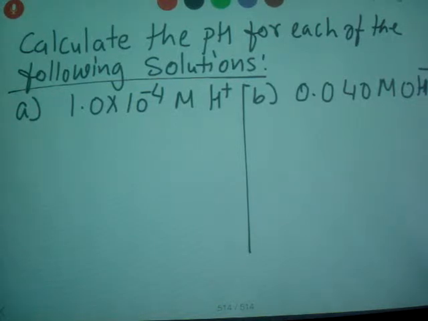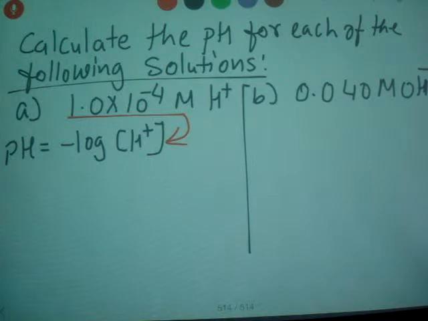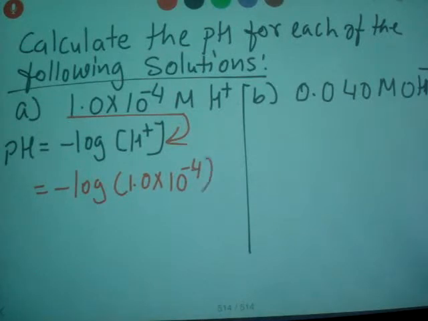We know this equation, pH equals negative log H plus ion concentration. Here we have the H plus ion concentration, so we plug that in. So when you do that, you get pH 4.00. pH 4.